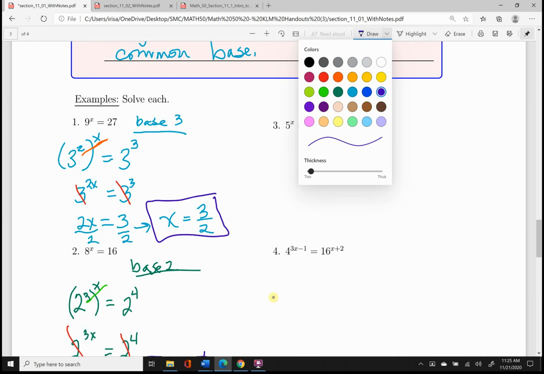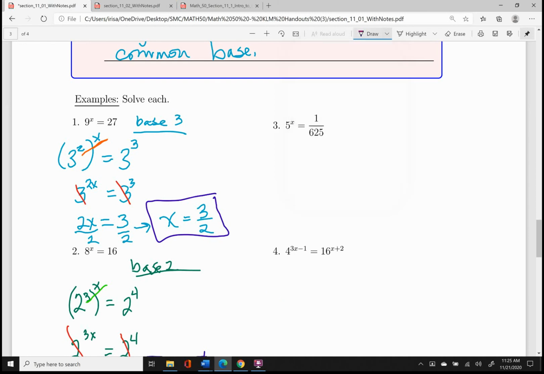That is absolutely true. Let's go with this pinky magenta color and say to yourself, all right, I'm thinking 625. Can I rewrite that as something base 5? Turns out you can. So this is going to be rewritten as a base 5. And so notice that the left-hand side is already base 5, so I'm not going to change anything there.